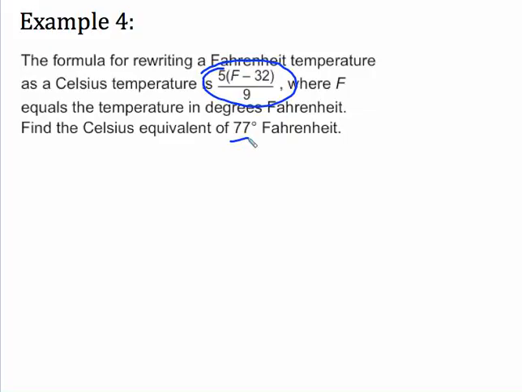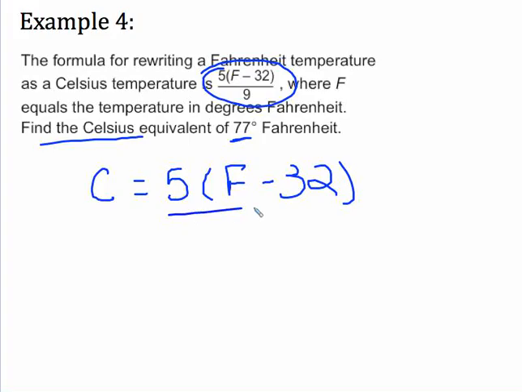In this formula, F equals the temperature in degrees Fahrenheit. We want to find the Celsius equivalent of 77 degrees Fahrenheit. So Celsius is equal to 5 times the quantity of Fahrenheit minus 32, all divided by 9. In this case, Fahrenheit equals 77 degrees.